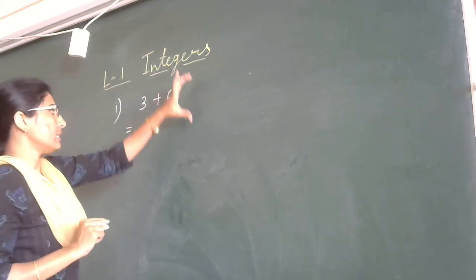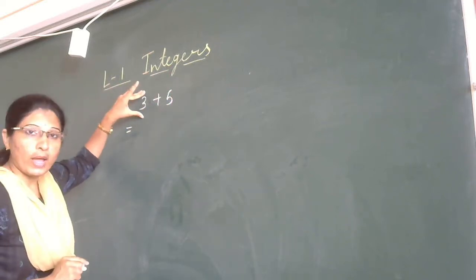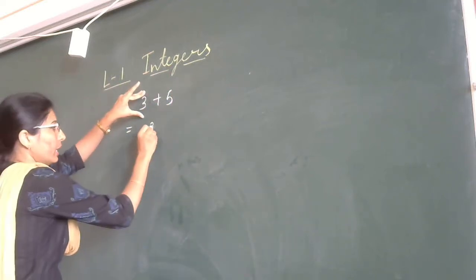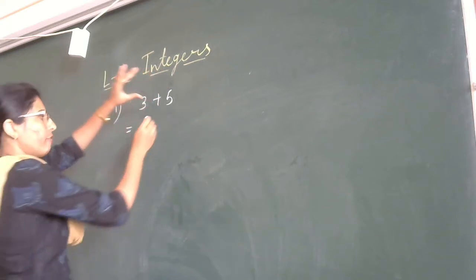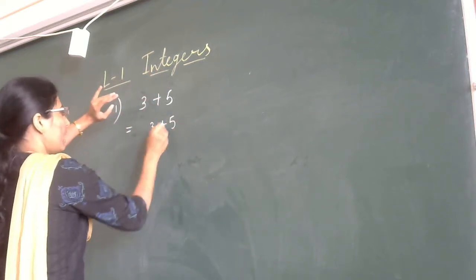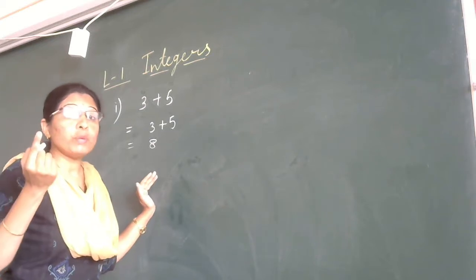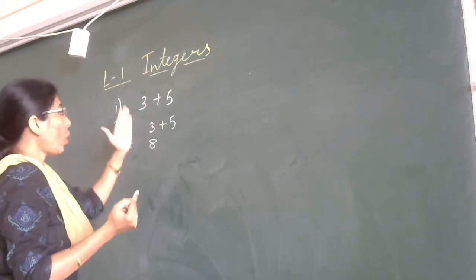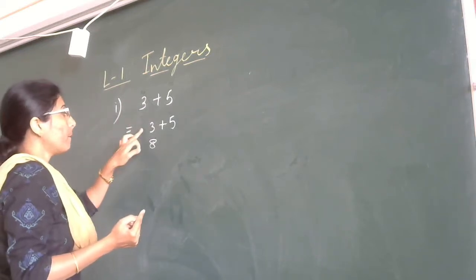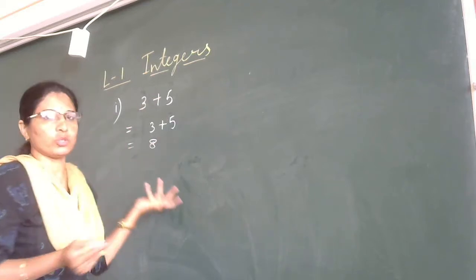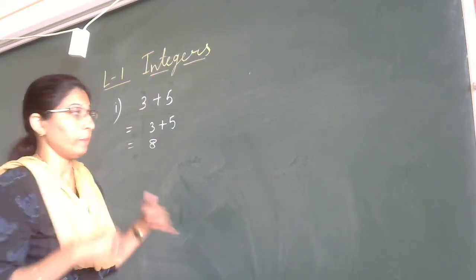In this example, the absolute value of 3 is 3 only, and 5 is 5 only. If you add, you get 8. And put the common sign. The common sign is plus, both are positive, so it will become 8 only.